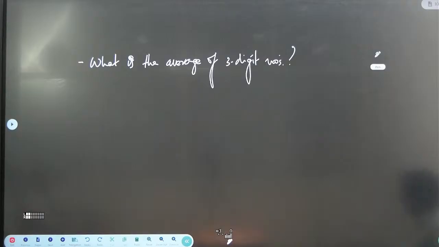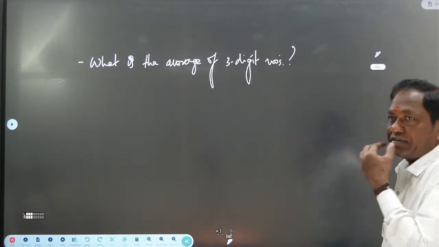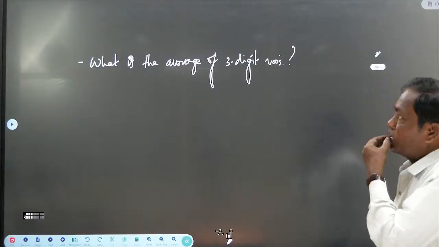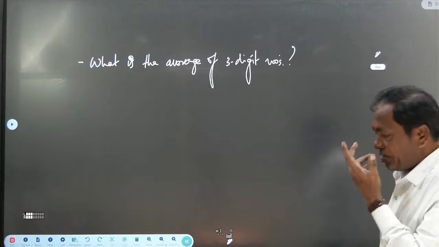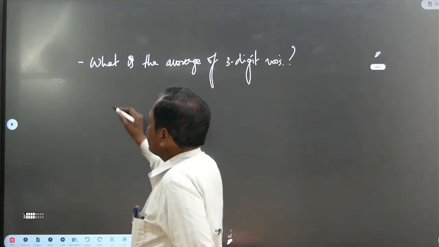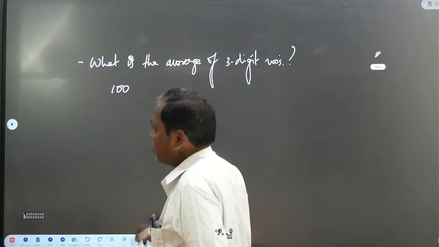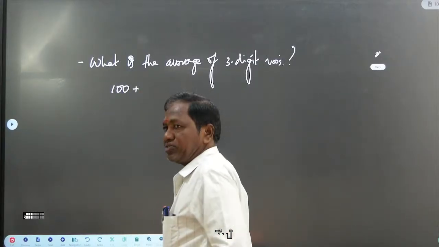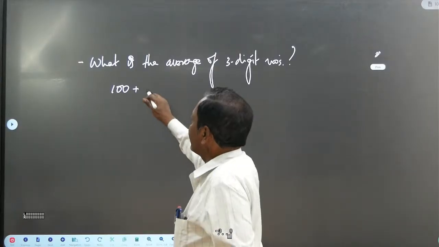Are you finding it difficult? Okay, what is the average of 3-digit numbers? What is the first 3-digit number? 100. Plus, what is the first 3-digit number from the last? 999.